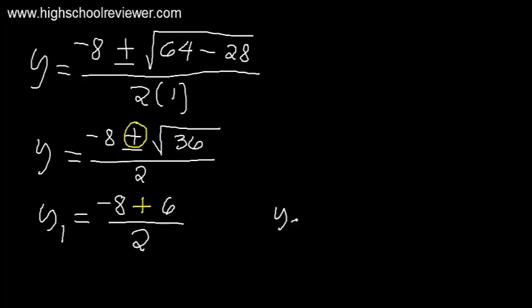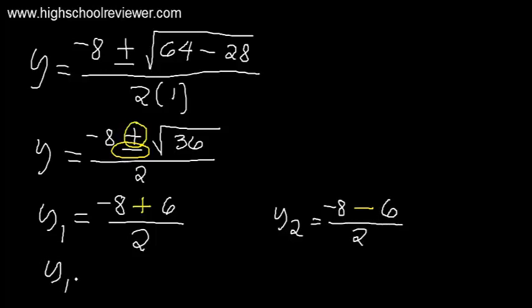Our y sub 2 now will be negative 8, and then we are going to use the other sign, that is the minus sign. So this will be negative 8 minus. Okay, so we are now using the minus sign, and the square root of 36 is 6. So negative 8 minus 6 all over 2.